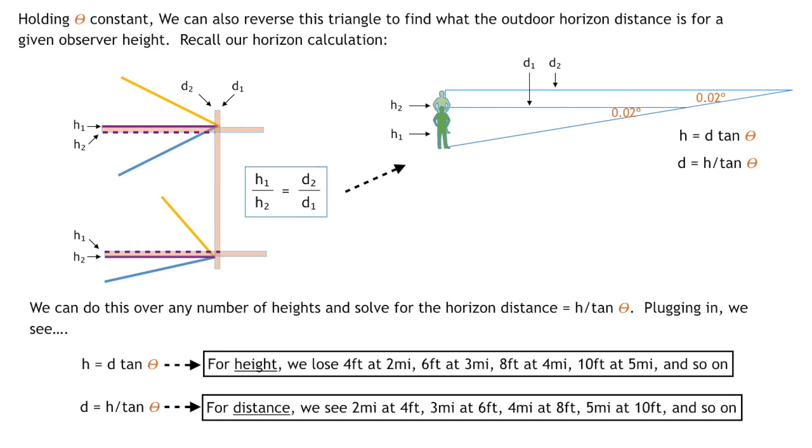So plugging in, we see that for the height, we lose 4 feet at 2 miles, we lose 6 feet at 3 miles, we lose 8 feet at 4 miles, and we lose 10 feet at 5 miles, and so on. And if we want to see how far we see at given heights, so for distance, we see 2 miles at 4 feet, we see 3 miles at 6 feet, we see 4 miles at 8 feet, 5 miles at 10 feet, and so on.